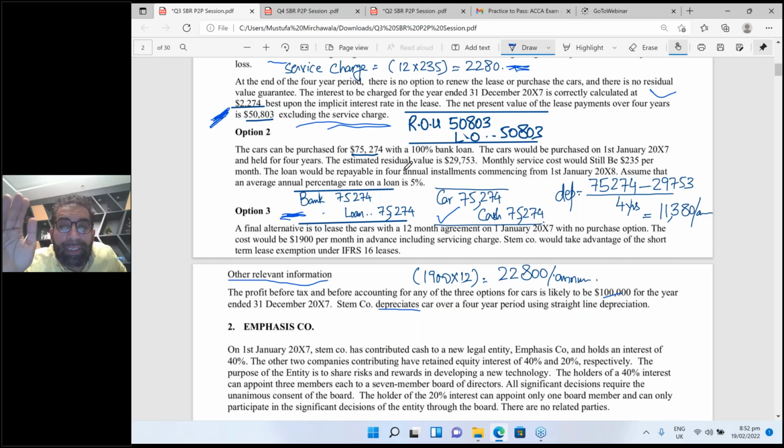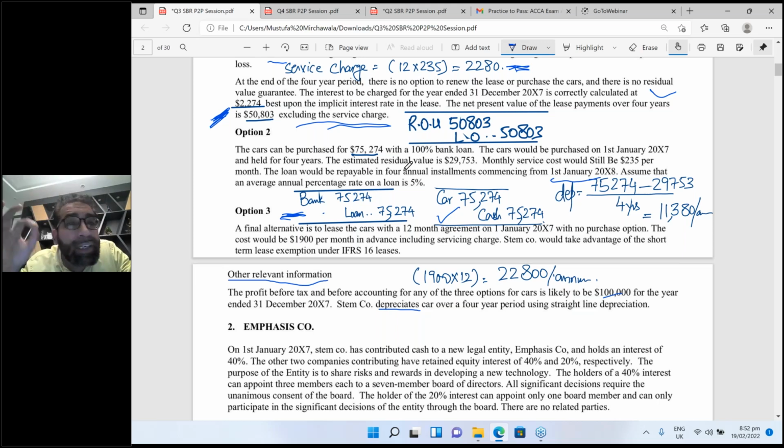By the end of the year, you didn't pay a single penny. My dear students, see the repayment date: 1st January X8, and your accounting period ends on 31st December X7.